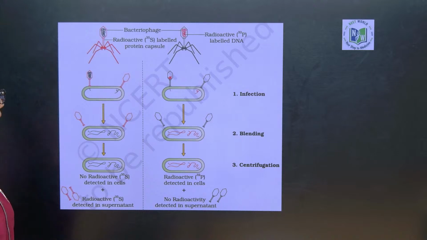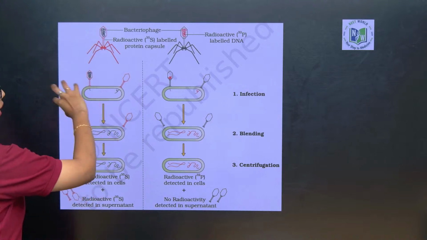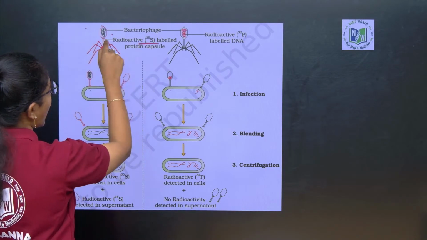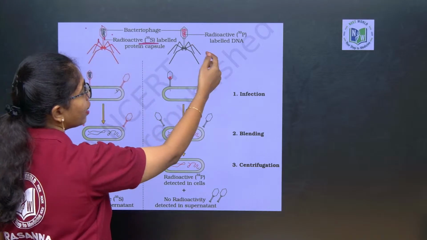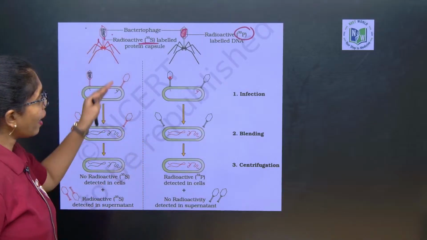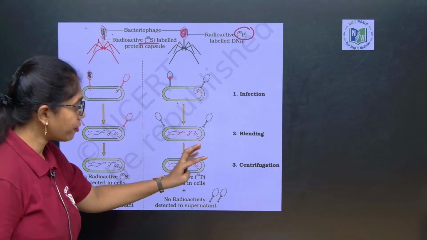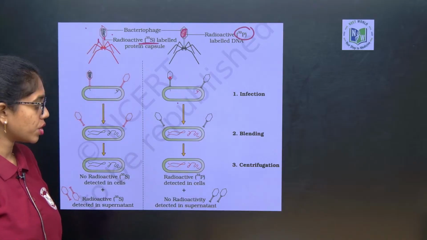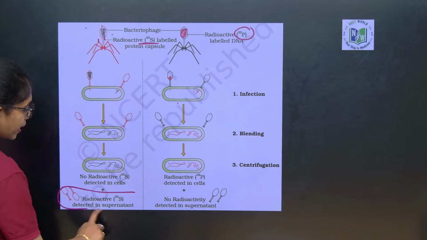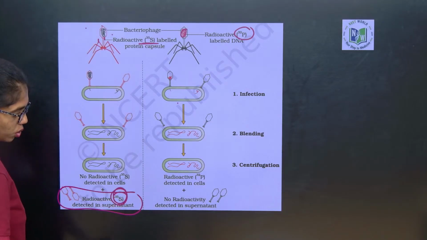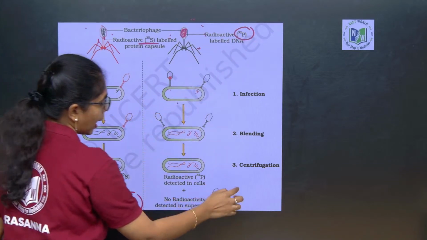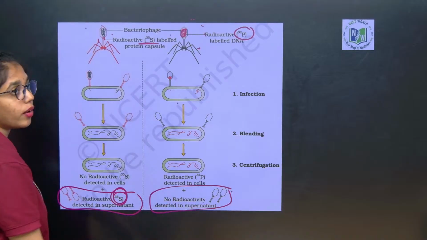And next, this is the Hershey and Chase experiment where they gave unequivocal proof that DNA is the genetic material. Remember, here they have taken 2 bacteriophages, one with an isotope of sulfur in the protein coat and one with a labeling of phosphate P32 in the genetic material. After infection into a bacteria, after blending and after centrifugation, they observed that the supernatant has the S35 isotope, whereas where P32 is there, in the supernatant they do not find any radioactive phosphate.